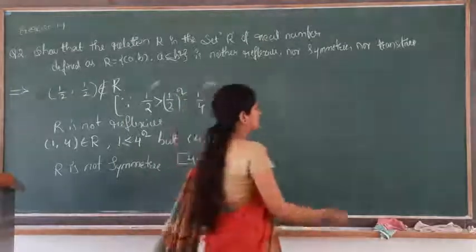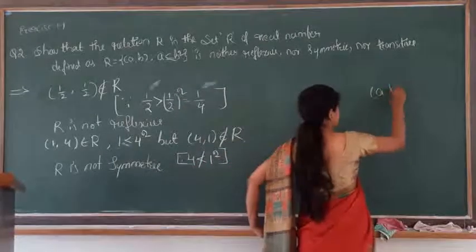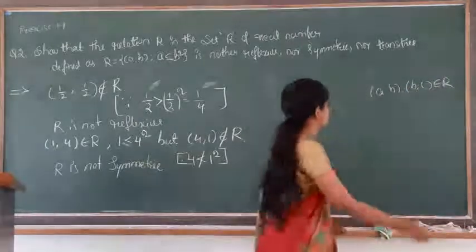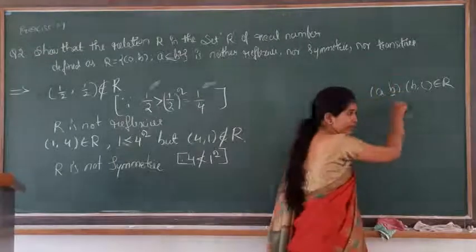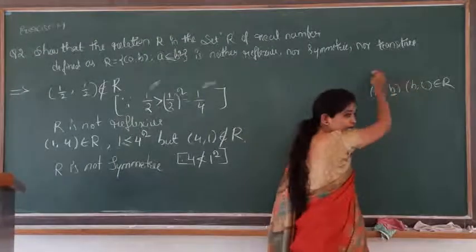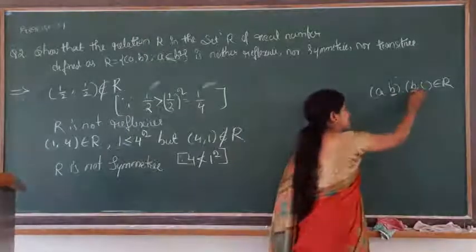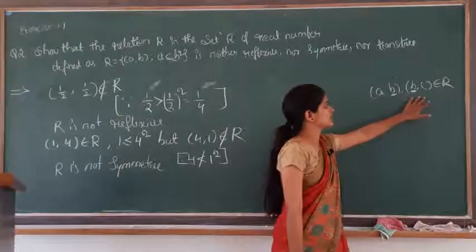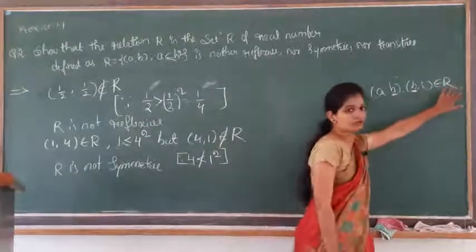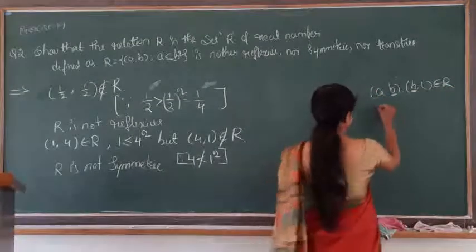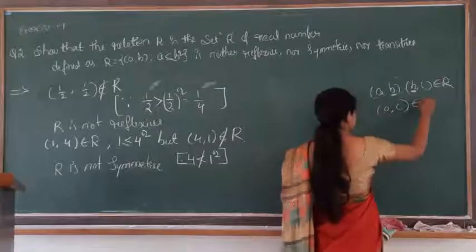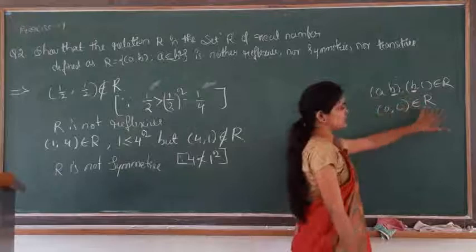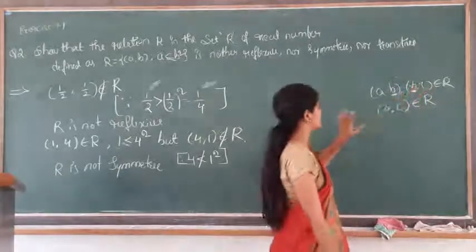According to our definition of transitive, if (a, b) and (b, c) belong to R, meaning the second element of one ordered pair is the same as the first element of the other ordered pair, we have to choose such ordered pairs. If these two belong to R, then (a, c) must belong to R. This is the definition of transitive.